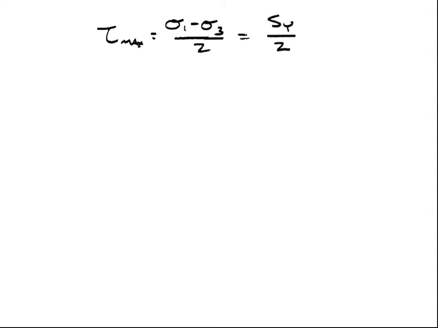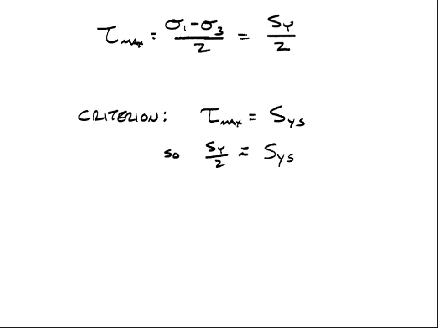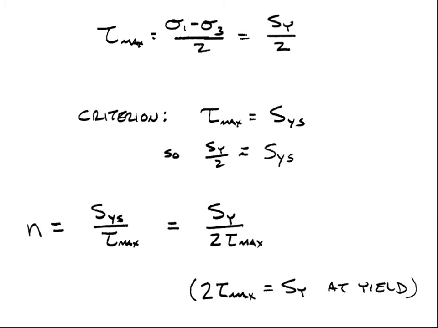Now let's take that result and apply it to our criterion, which says again that the maximum shear stress equals the yield strength in shear for failure. Plugging in that value for tau max and taking the ratio of the strength over the stress to find the factor of safety, we find that the factor of safety is the yield strength in tension divided by 2 times the shear stress.